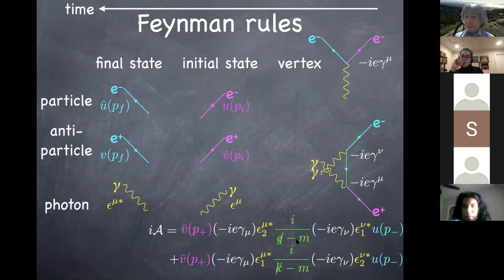So maybe I should have used a different word here, that when you actually have this internal line, four momentum is conserved, but you get wrong four momentum for the electron because energy and momentum don't satisfy the usual rule that energy has to be square root of momentum squared plus m squared. So instead of saying this line doesn't conserve energy and momentum, I should have said probably that this has the wrong energy and momentum.